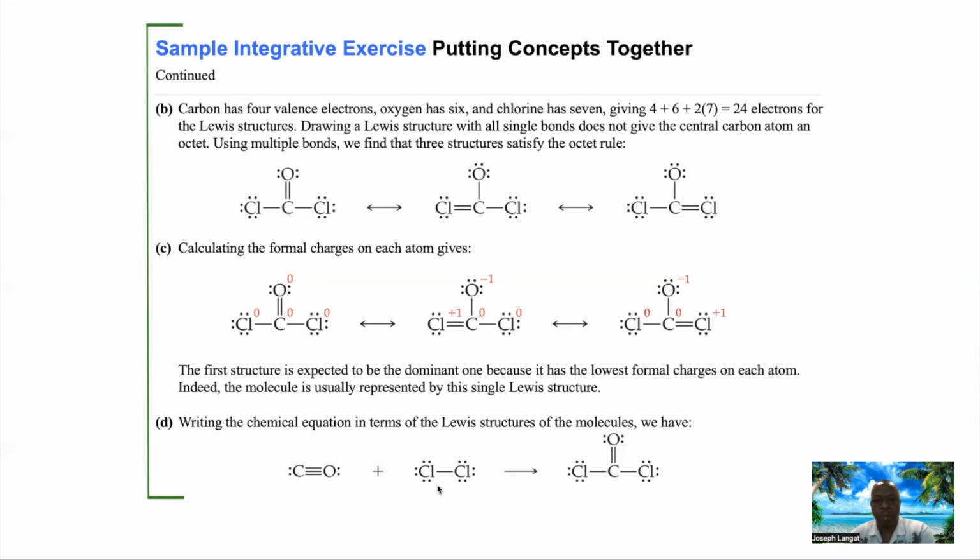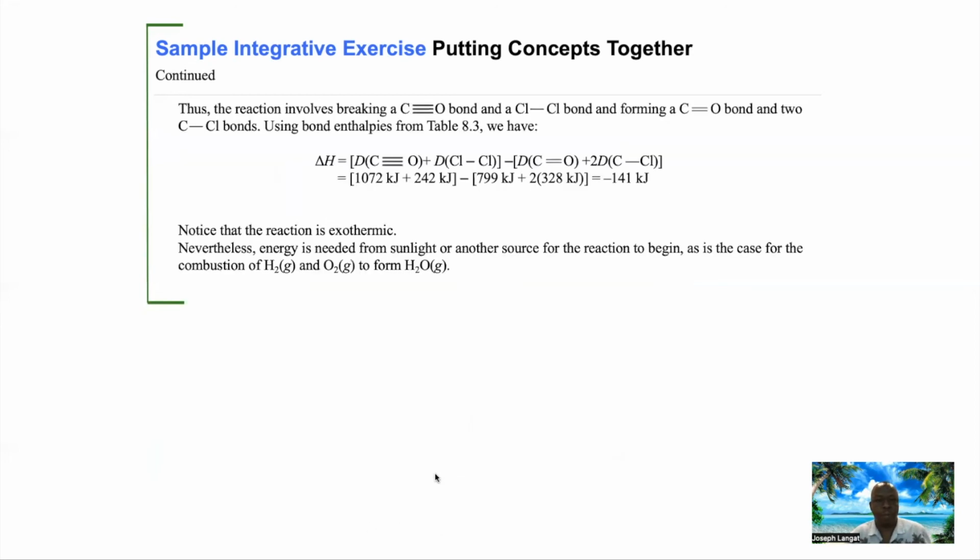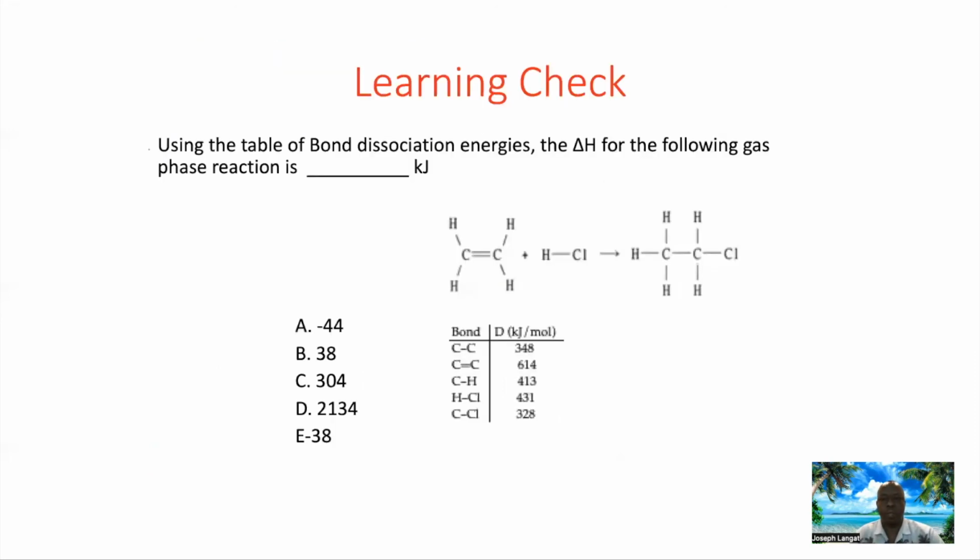Remember, reactant minus the product. This is the product, this is the reagent. Therefore, the bond dissociation here is the product minus the reagent, and the reaction is exothermic, giving away heat. Please follow that to see how that is completed.